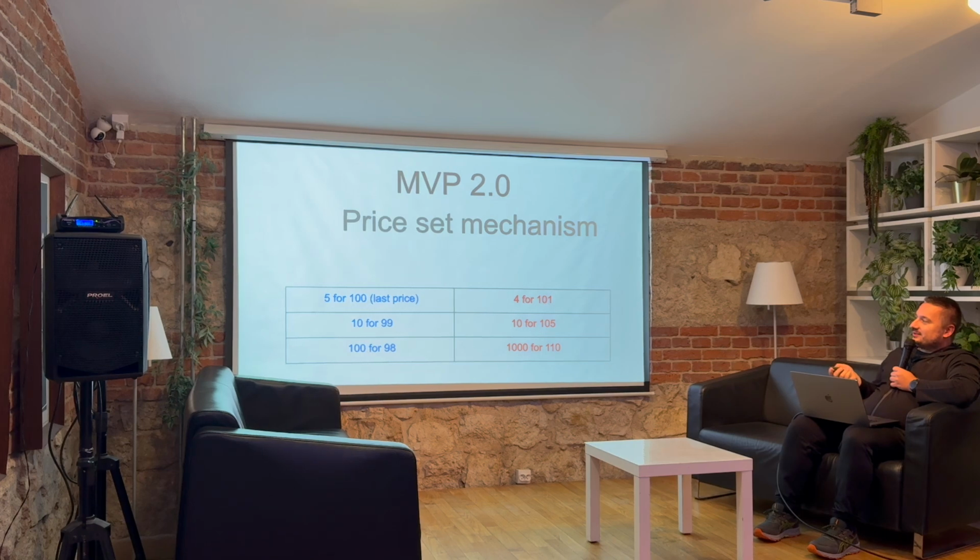So the last one will be taken from this offer, because this seller says, okay, I can sell 10 for 105. So as you can see, if you use the market price, you will pay 101 for 4, and for 1 you will pay 105.